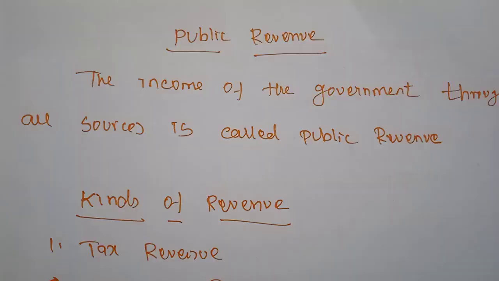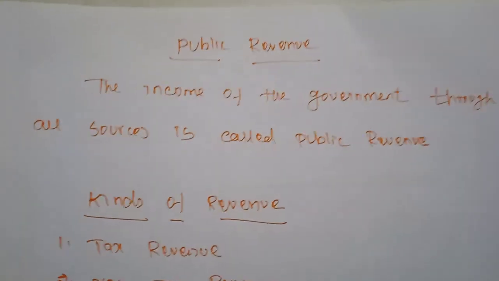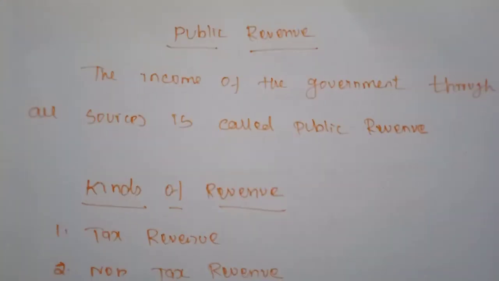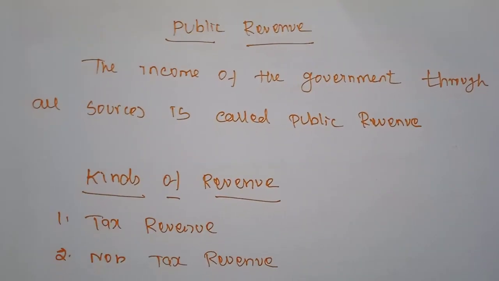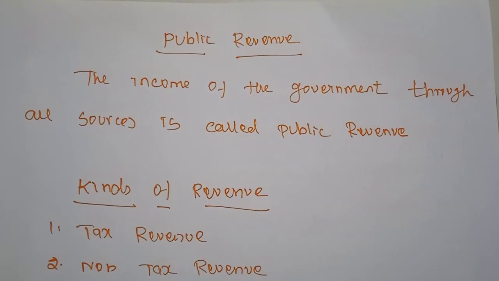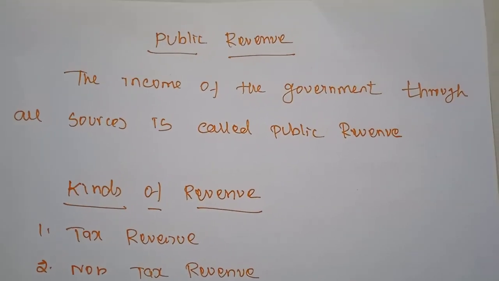On the last day, we studied public expenditures and the causes of public expenditures. Today, we will study public revenue. When the government has the duty to make expenditures for the public, it will need revenue.